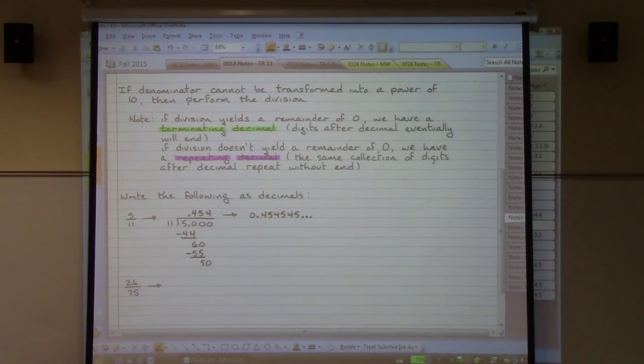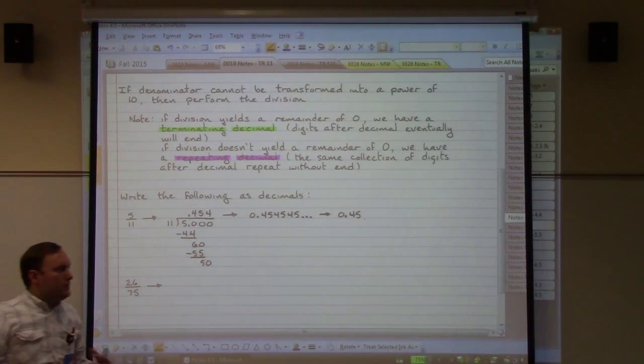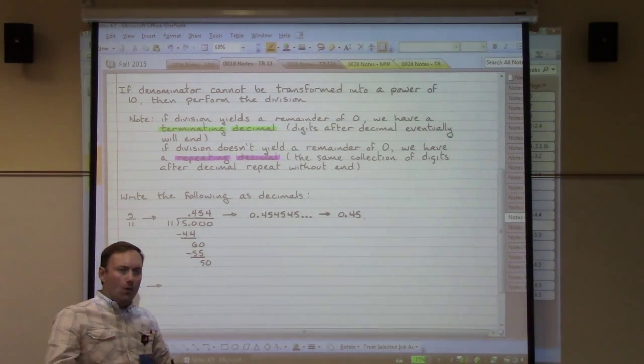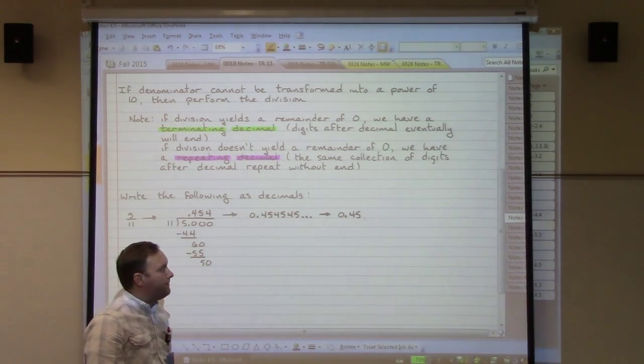Well, this isn't a very efficient way of writing things out, so instead we could try to go with a shorthand version, which is to say, let's try to find a way of symbolizing that the 4 and the 5 together as a chunk will repeat again and again.